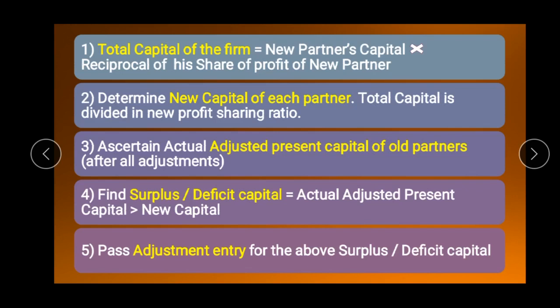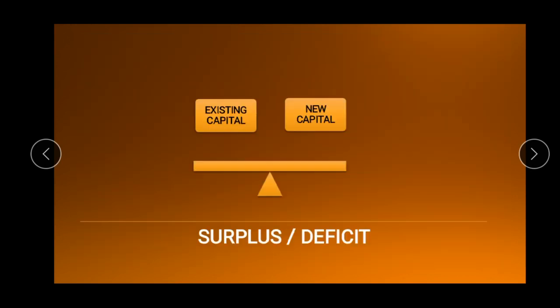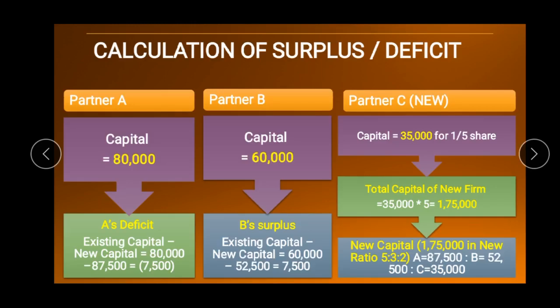So what will be the adjustment entry? And here the comparison is made of adjusted capital, that is existing capital, and the new capital. So let us first understand it with the help of an example, that how surplus or deficit is calculated.